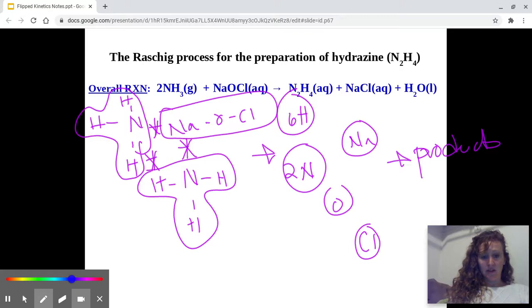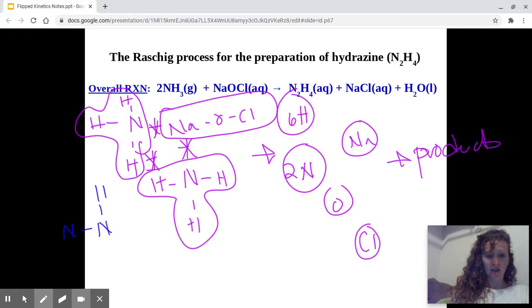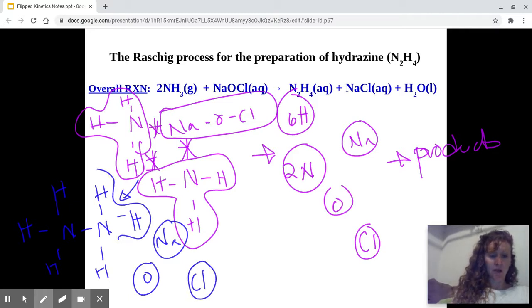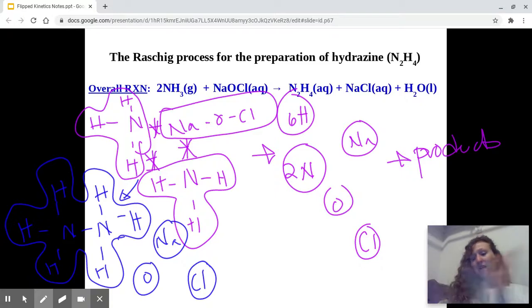Maybe the nitrogens form together. So we get this N stuck to another N with all of these H's. So I just stuck my two ammonias together. Okay, so this is proposed mechanism number 2. And then my Na, my O, and my Cl all break into atoms. Maybe that's what happens. And then they reform into products.